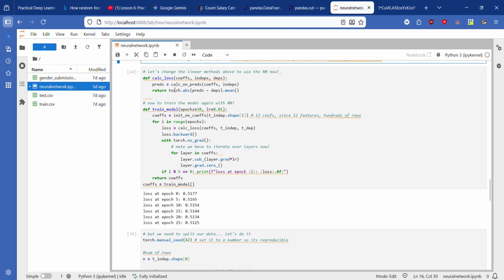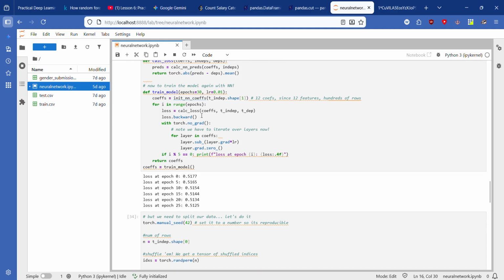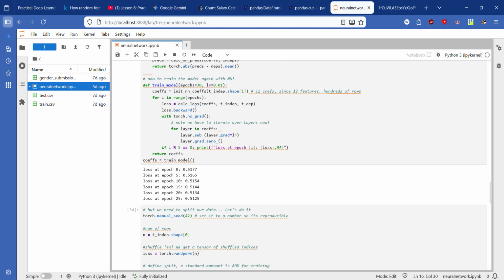And then I'm going to skip the loss part because that's the same thing we already covered, except it's optimized for multi-layers. So here, as you can see, it's pretty similar to our linear layer, except the only different thing is that we're iterating over the layers now as well.